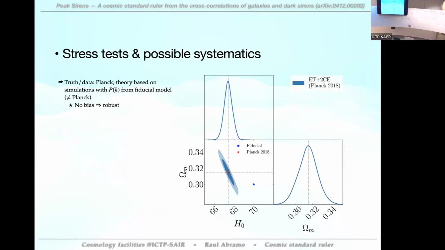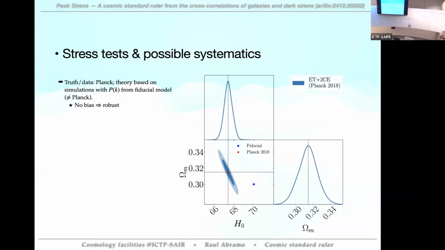Have you done tests of how suboptimal you get? Because I guess the optimal errors would be if you assume the perfect model. You mean directly comparing the chi-square between that fit and this one? Yes, or the posterior in omega M. No, we haven't compared.